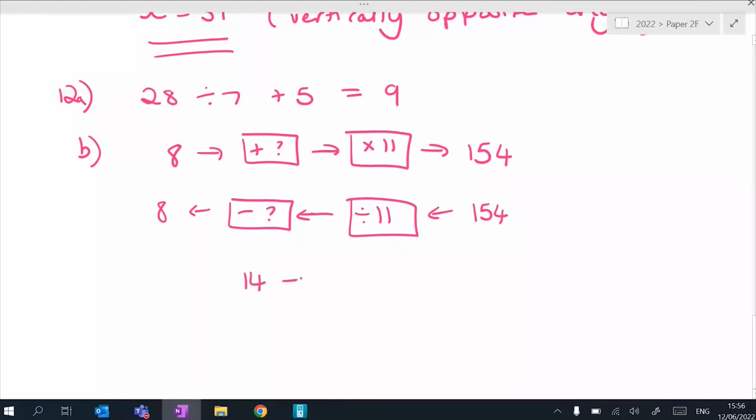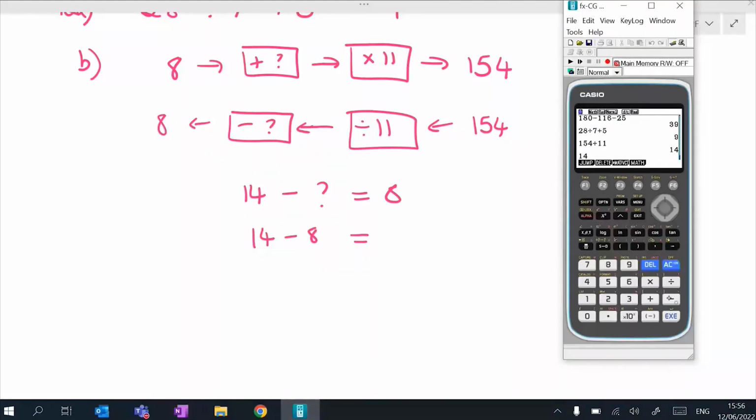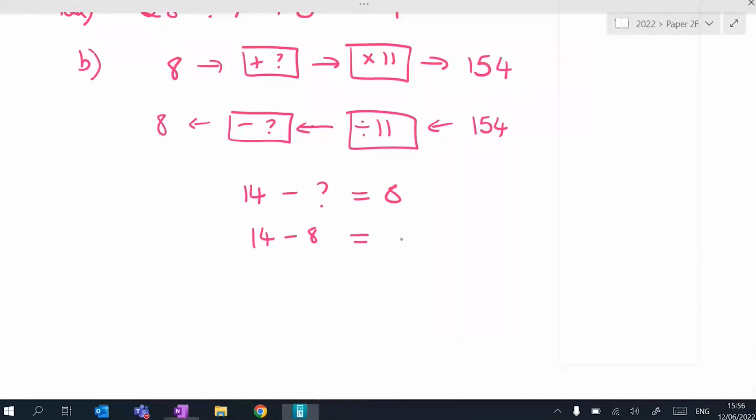So 14, subtract something, gives me 8. Okay, so I obviously need to subtract 8 to work out what that is, which is 6. Okay, so the missing addition in the function machine is to add 6.